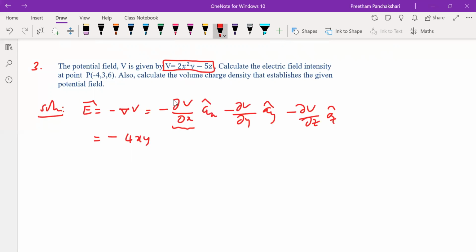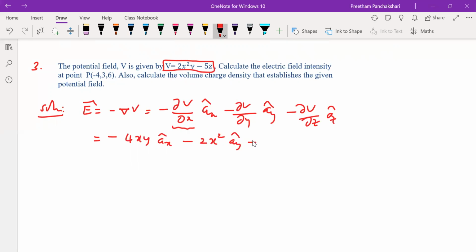Second term, no X, so 0. So 4XY AX cap. Similarly, with respect to Y, it is 1 in the first term, so it's going to be 2x square. No Y in the second term.